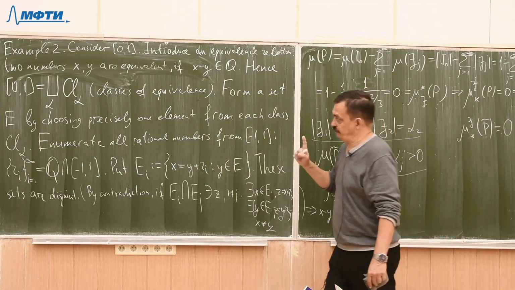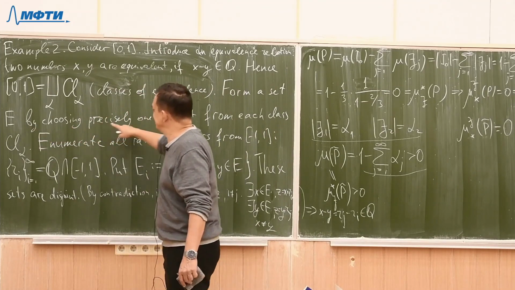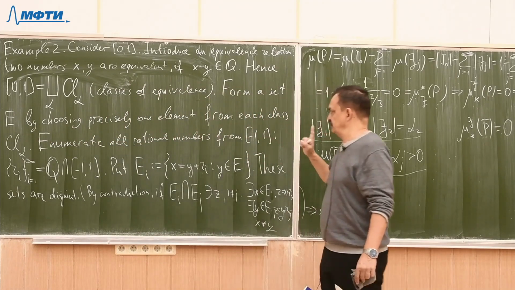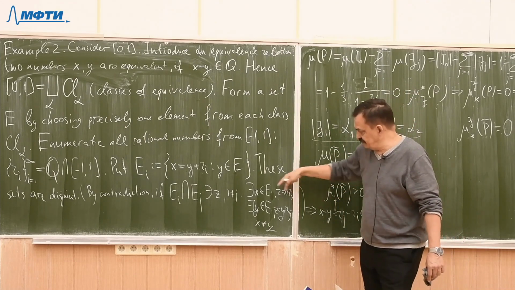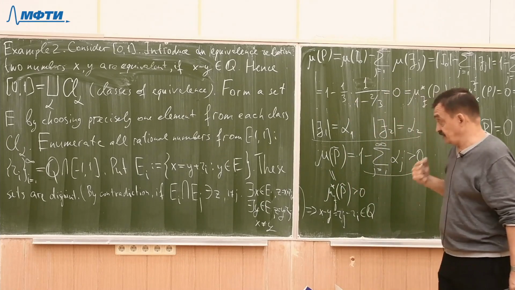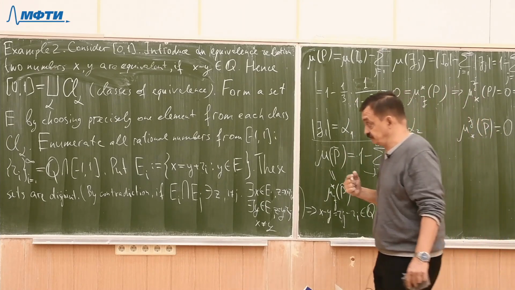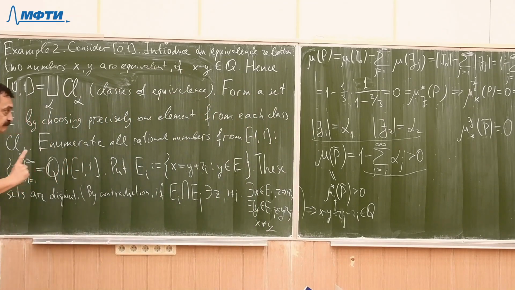But remember, E was constructed by choosing precisely one element from one class. So we cannot have two elements from one class in our E. That is impossible. That is a contradiction. So it means that these are disjoint sets.